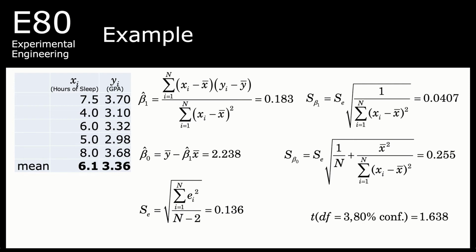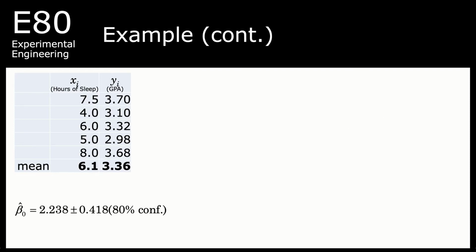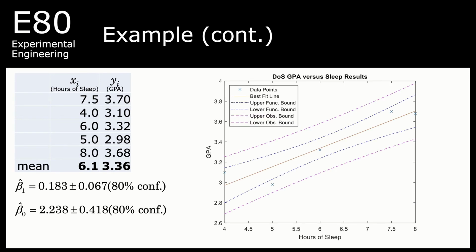The student's t-value for 3 degrees of freedom and 80% confidence is 1.638, giving a beta hat naught of 2.238 plus or minus 0.148 with 80% confidence, and a beta hat 1 of 0.182 plus or minus 0.067 with 80% confidence.